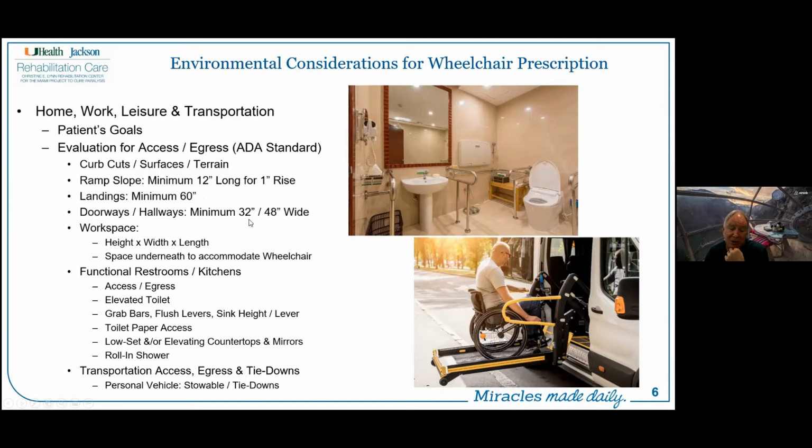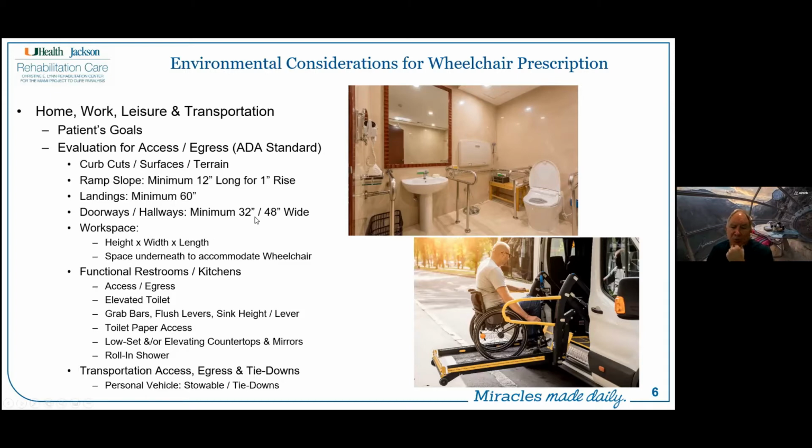This is for the home, but also in the work environment. Hallways are a minimum of 48 inches wide. And again, housing standards are such that these are not always met, and there may be modifications that need to be done to accommodate a wheelchair. And remember, if you have a wheelchair, ideally the doorway is going to be 4 inches wider than the wheelchair itself, taking into account the wheels and whatnot as you go through there.